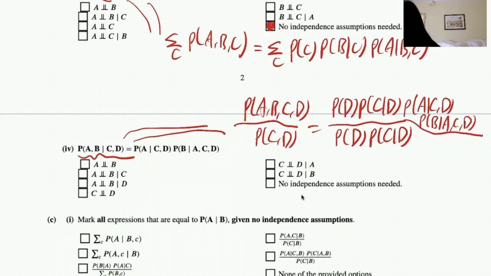Dividing these two terms, we get probability of A given CD times probability of B given ACD. So again, no independence assumption is needed.